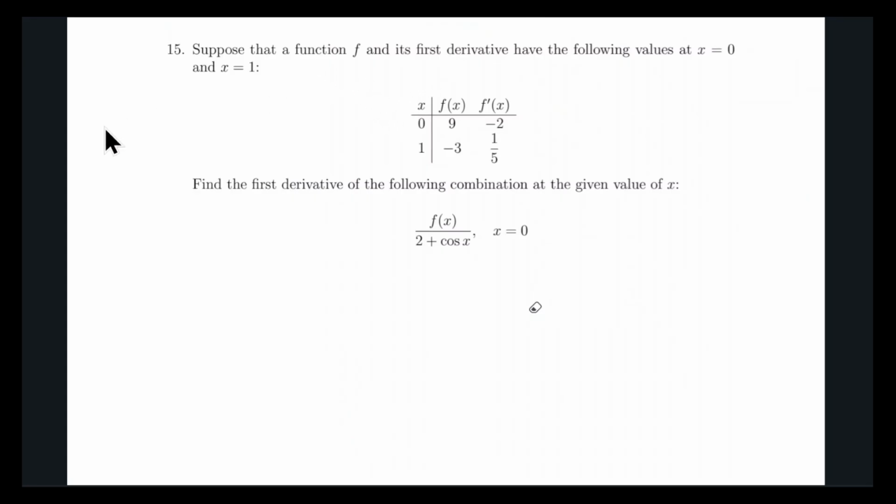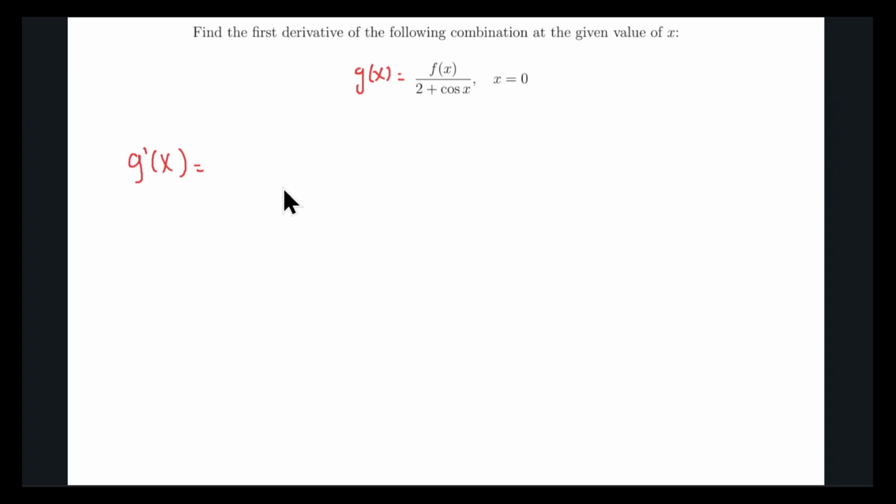Okay. We are given a function and its derivative's value at the points 0 and 1, and we need to find the first derivative of this guy. Let's call this g(x). So g prime of x at 0 — first let's find g prime. I think I need to use the quotient rule.